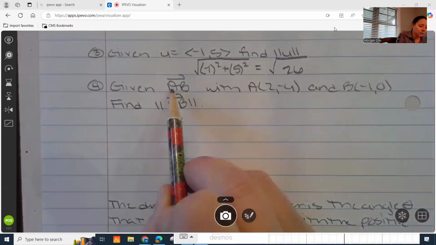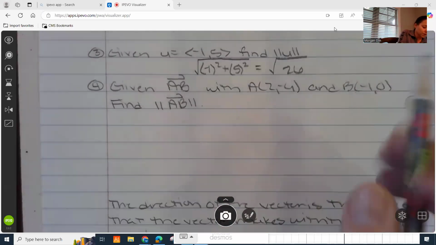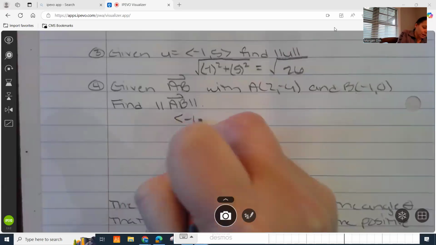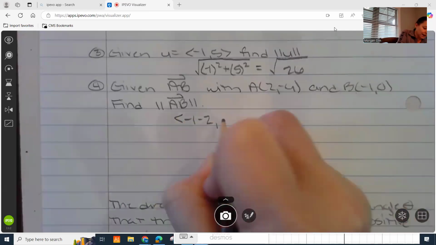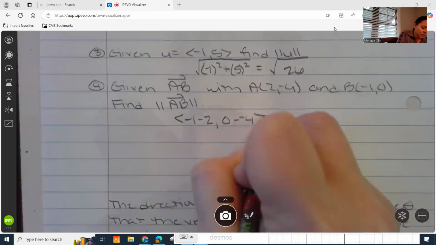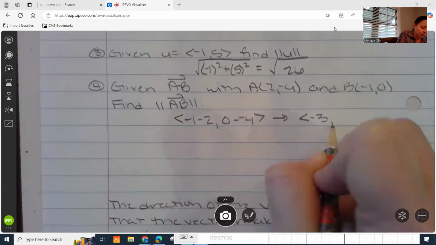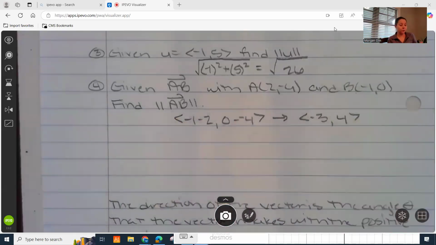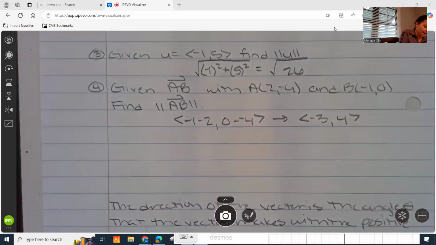So A is going to be our initial, B is going to be our terminal. So I've got to do -1 minus 2, and then 0 minus -4. That gives us (-3, 4). So this is our vector now that we want to find the magnitude of.